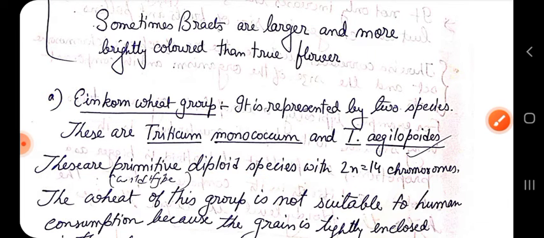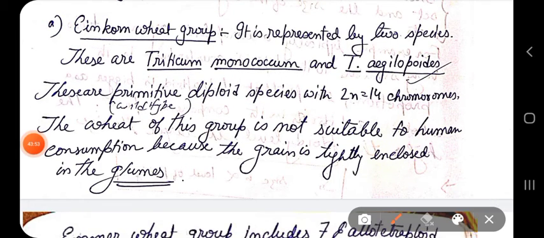The problem is that this wheat is not suitable for human consumption because the grain is very tightly packed in glumes. Glumes are modified leaves or scales, small, found with the flower, and they cover up the seed part.